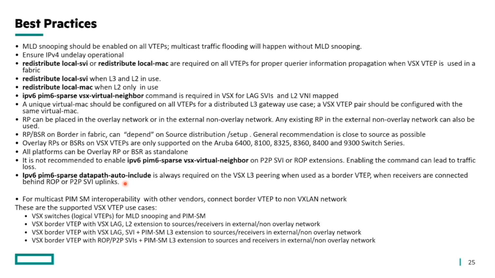And for multicast, I think we've gone through that. We support MLD snooping with sparse mode, and I've gone through the 3 different extension methods for connectivity to non-VXLAN networks in the examples with the configurations.